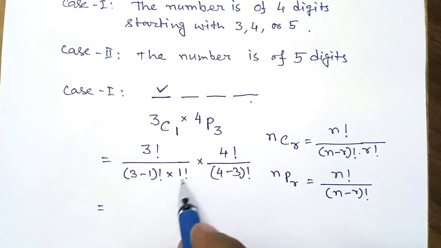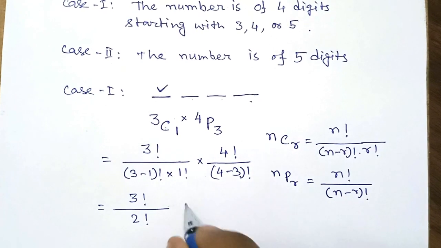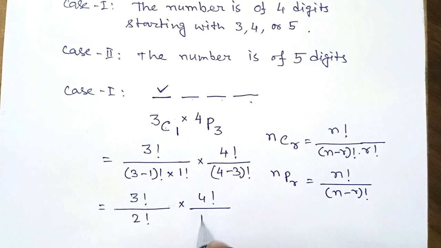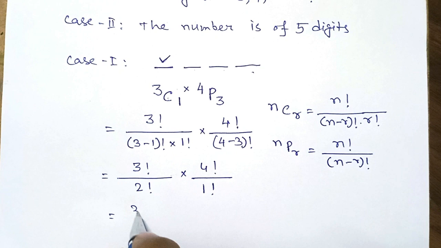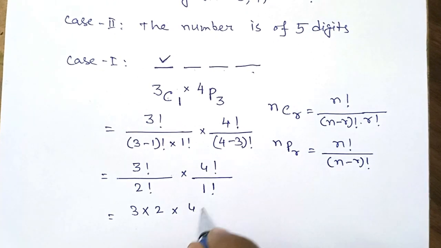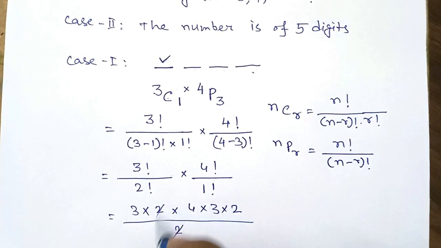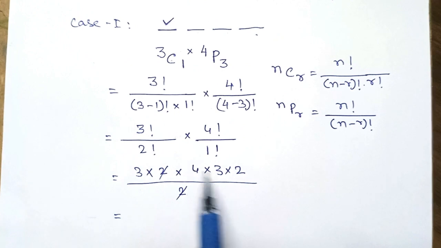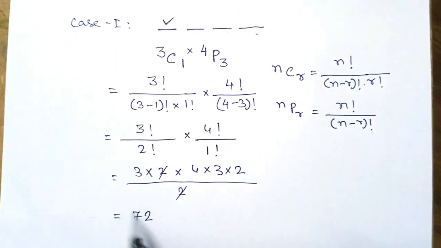Factorial 1 is 1, so this is 3 factorial divided by 2 factorial into 4 factorial divided by 1 factorial, which is also 1. Now 3 factorial is 3 into 2, and 4 factorial is 4 into 3 into 2, divided by factorial 2, which is 2, so the 2 cancels out. 3 into 4 is 12, into 3 is 36, into 2 is 72. So for case 1, we have 72 different 4-digit numbers starting with 3, 4 or 5 which are greater than 3000.